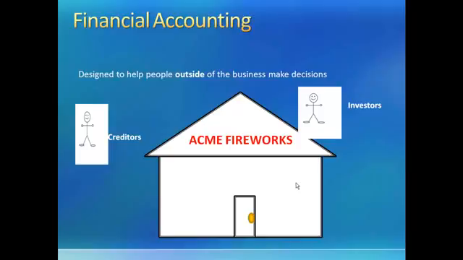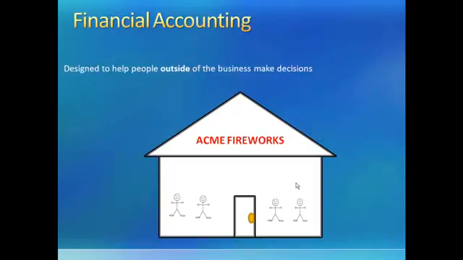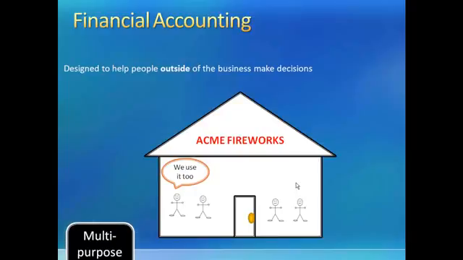Investors are individuals or businesses that may actually own the company. There are other types of external users to the business. These include suppliers, customers, governments, and labor unions. Although financial accounting is designed primarily to help people outside the business make decisions, internal decision makers use financial accounting too.